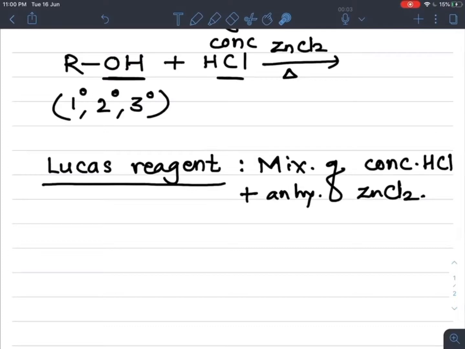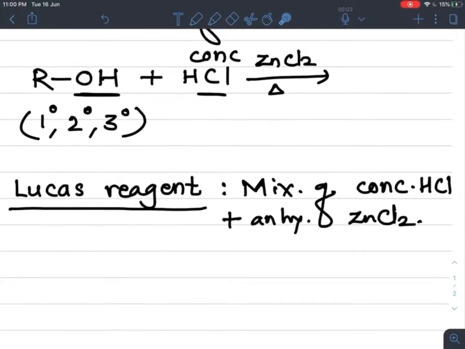We'll see in the mechanism how the OH group is removed by zinc chloride. So here we complete the reaction first. What do we get? The product is ROH with OH replaced by Cl, plus a byproduct.